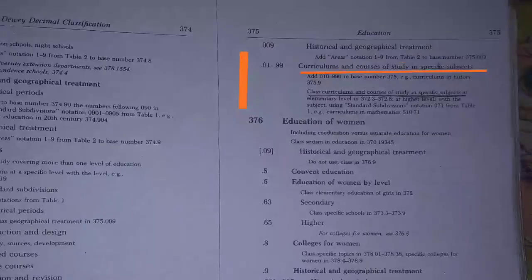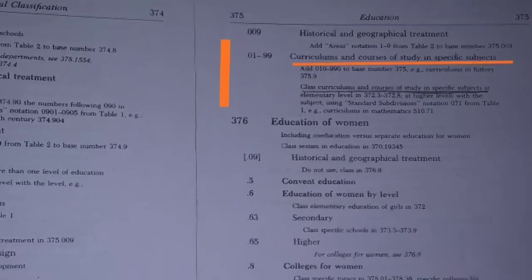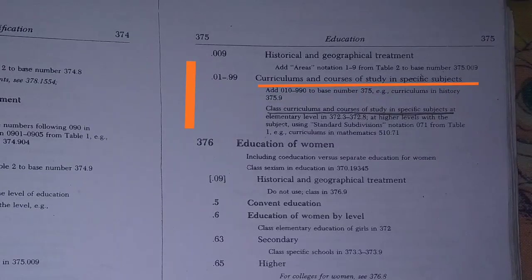Now in the subdivision here you can see there is a notation dot 01 dash dot 99. That means this is the notation 375.01 dash 375.99. This notation is for curriculum and course of study in specific subject.